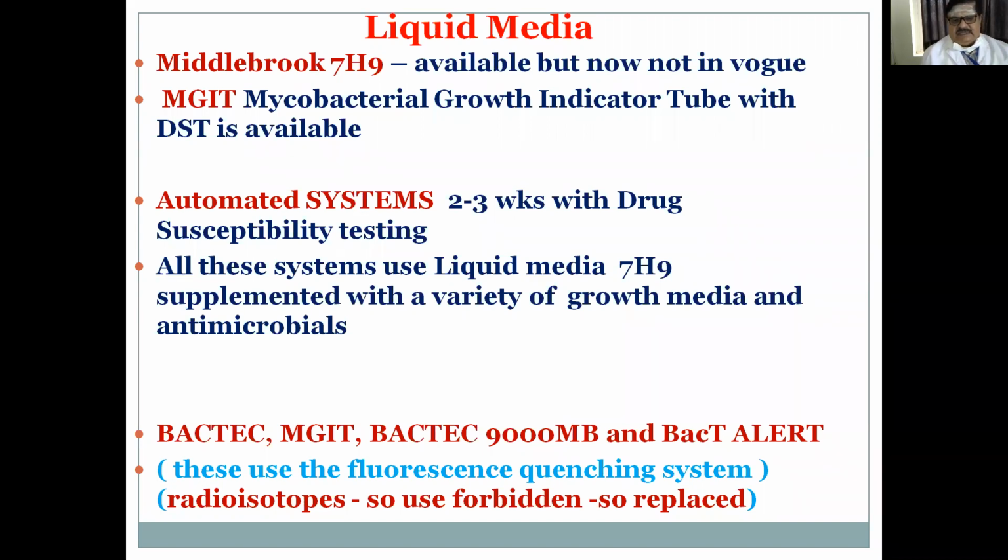As I told you, Bactec MGIT 960 and the Bactec alert use the fluorescence quenching system, which replaces radioisotopes used in Bactec 460. The other systems use carbon dioxide as evidence of the presence of tubercle bacilli.